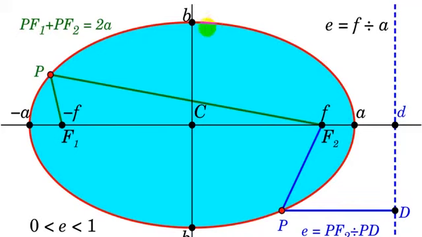The most important thing is that BF1 plus BF2 equals 2A, meaning that distance. And another important thing is that the eccentricity E equals F divided by A.